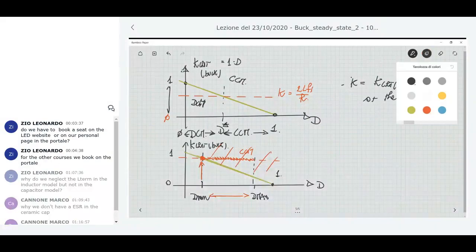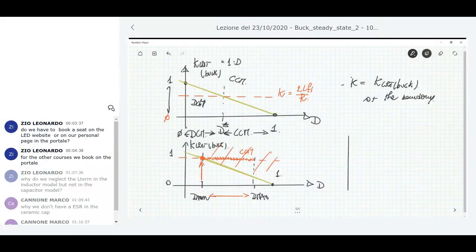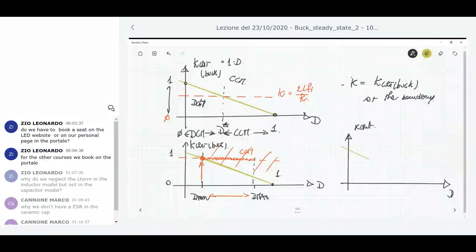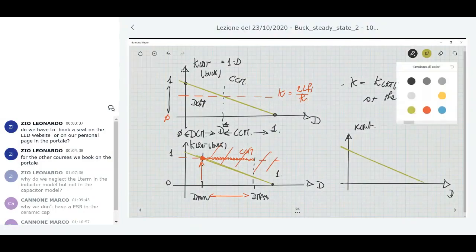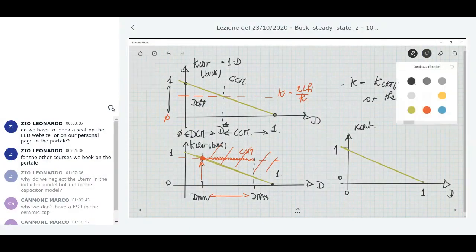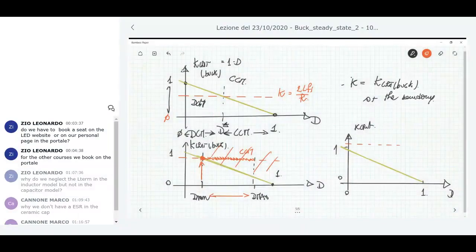If you want to be very sure to stay in CCM for any operating condition, you can choose a K which is higher than 1, for example.